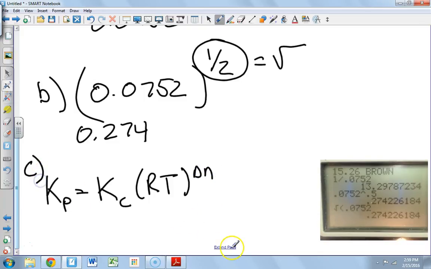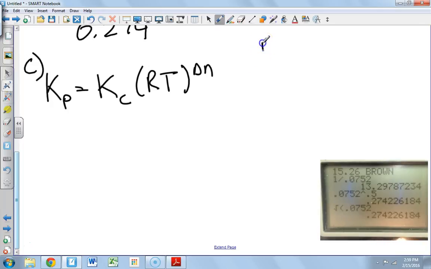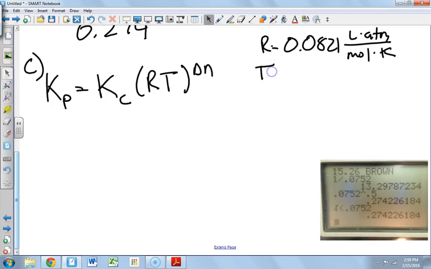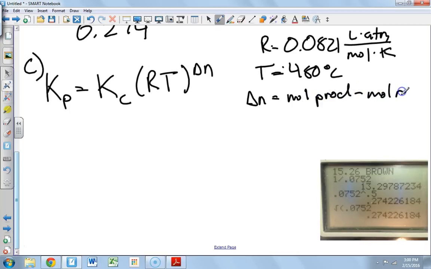This is for part C. R is a constant, 0.0821 liter atmosphere per mole Kelvin. T has to be given somewhere. Look, 480 degrees Celsius. So T equals 480 degrees Celsius.